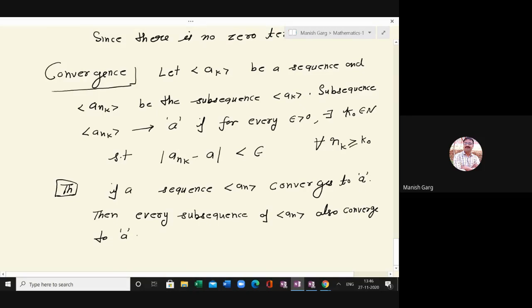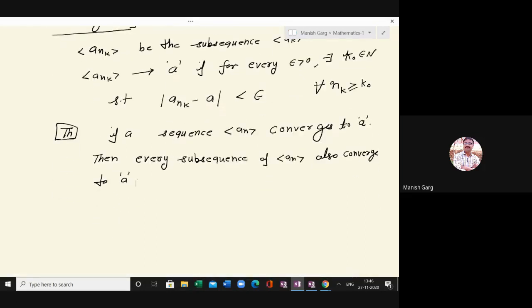So it means if you have a sequence a_n which converges to a, then every subsequence will also converge to the same point. Every, that is important. If you are able to find any subsequence which does not converge to a, then you can say the parent sequence is not convergent. The proof I am doing.